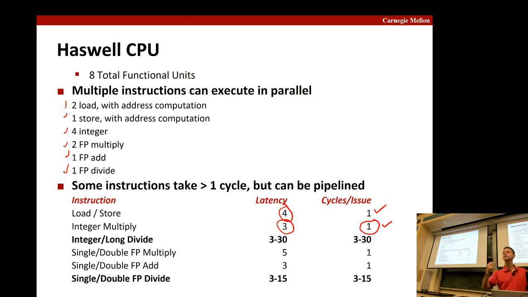the hardware is equipped with a way to sort of queue up these loads and pipeline it all through. If you have 4 independent loads, you can get them back in 7 cycles. The 4 cycles get the first one, but then the ones after that come 5th, 6th, 7th cycle after that.